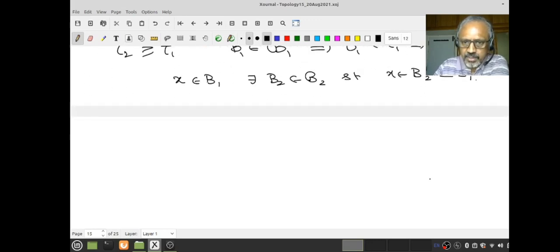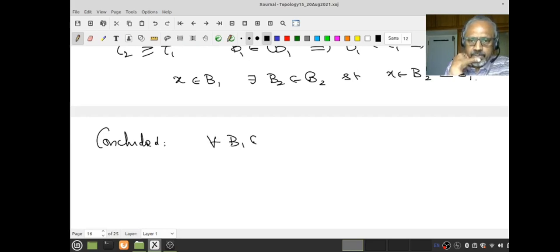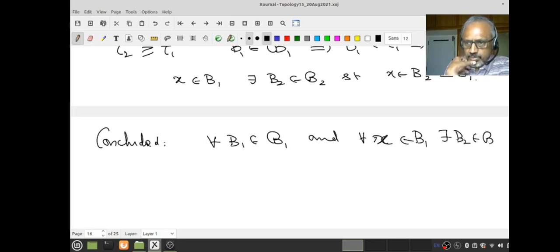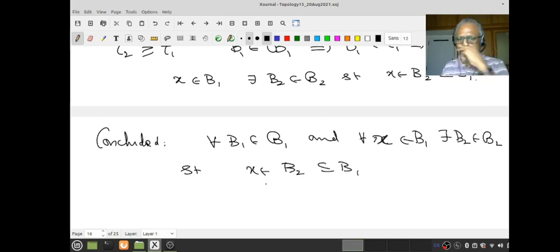So what we have concluded is the following: for any B1 in script B1 and for every x in B1, there exists a B2 in script B2 so that x belongs to B2 and B2 is contained in B1. If tau 2 is finer than tau 1, this is what we concluded. Do you follow that?